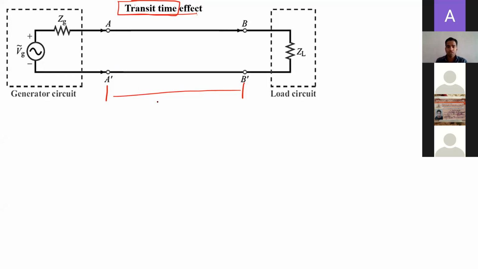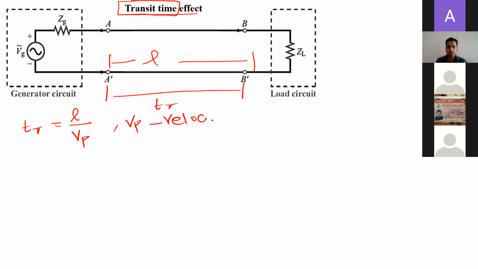So this is what transit time is, and we saw how it is calculated. If L is the length of the line, transit time is L by Vp, where Vp is the velocity of propagation of the EM wave, right?